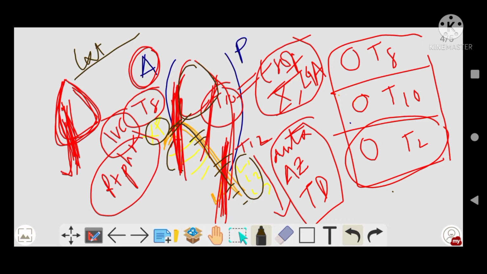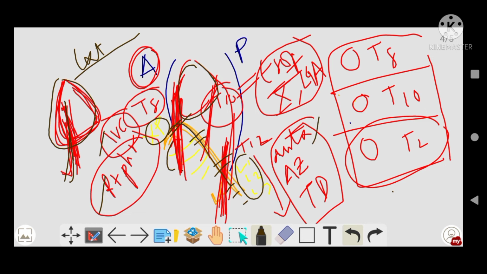Why right? Because inferior vena cava goes to the right side of the heart, and along with it, which phrenic nerve will go, it will obviously be right phrenic nerve. So these two structures will pass through the T8 opening.